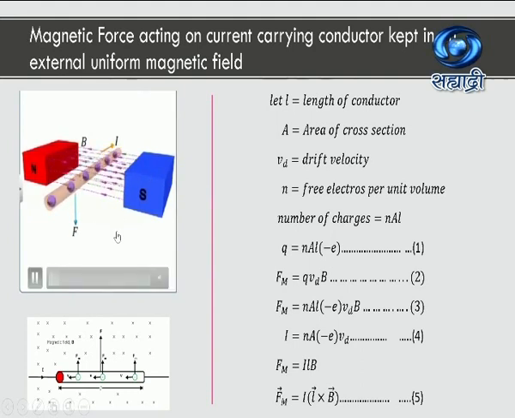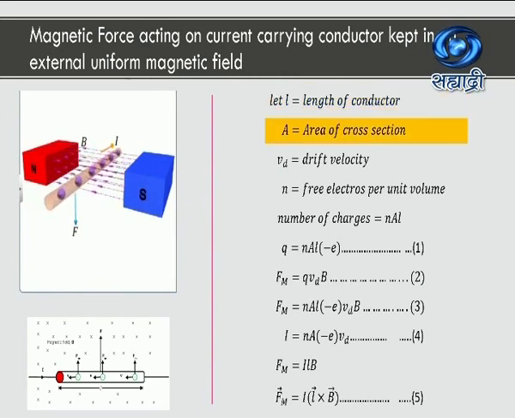We can see that there is a uniform cross-sectional rod of length L and area of cross-section A. The direction of current I is into the screen, which means that electrons are flowing opposite to the direction of flow of current. The rod is kept perpendicular to the magnetic field.